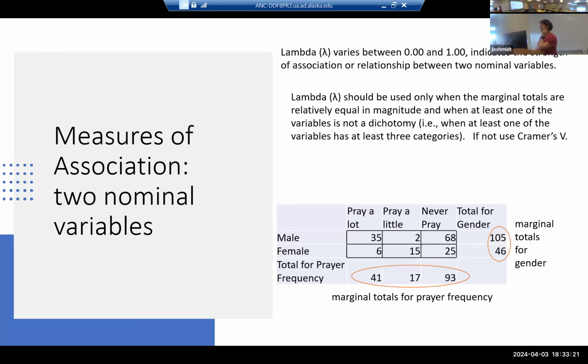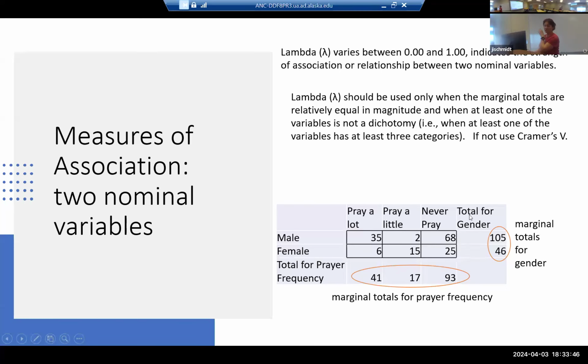That doesn't influence which of these stats you do. Rather, it's your sampling frame that influences which statistic you do, meaning that there's just a lot more respondents in one category than the other in this case.